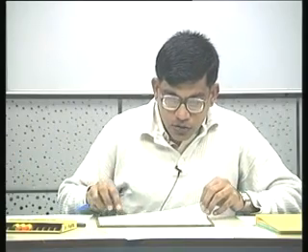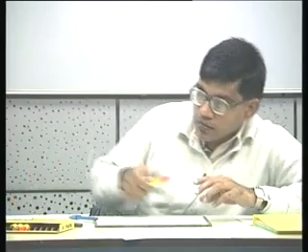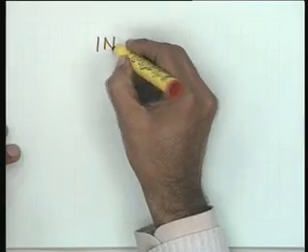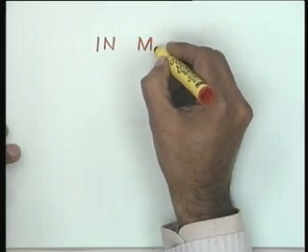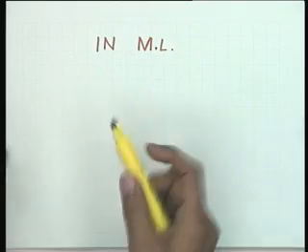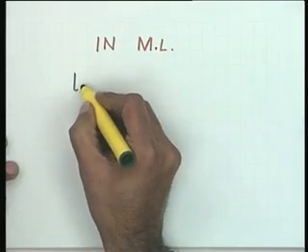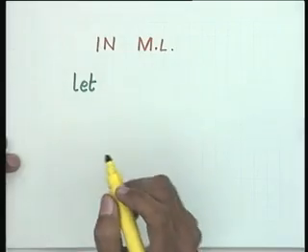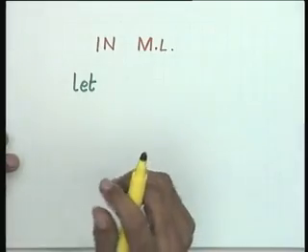Right. So, in a language like ML, the typical binding occurrences look like this. A let statement is a typical introduction of a binding occurrence.